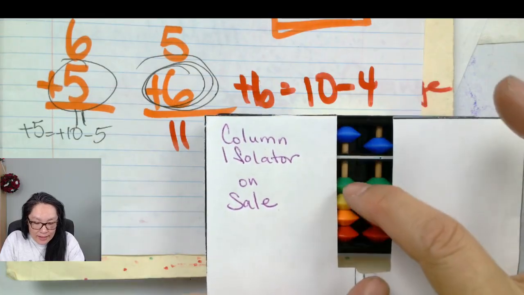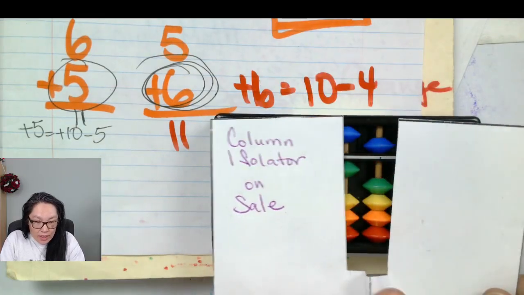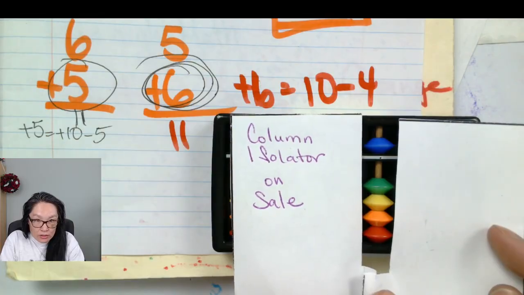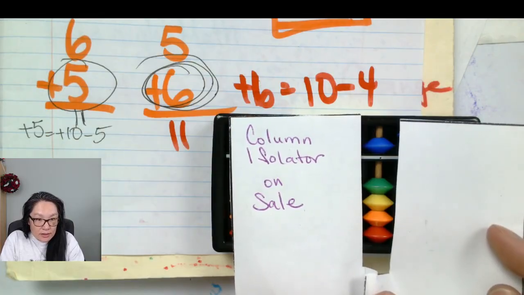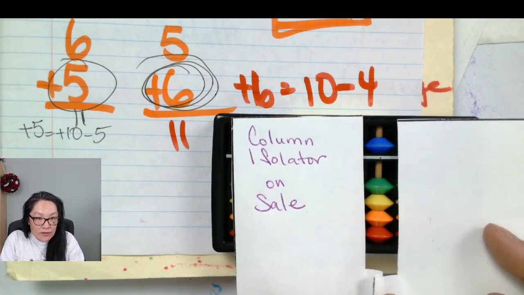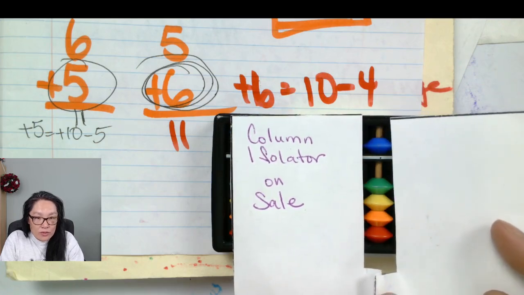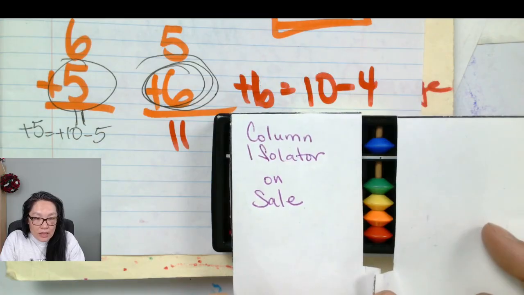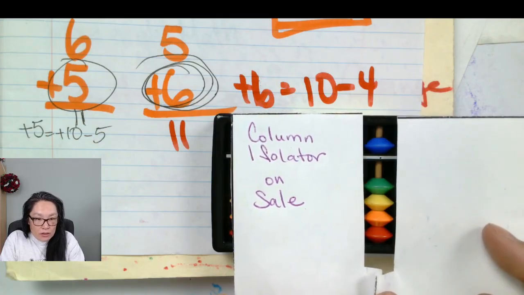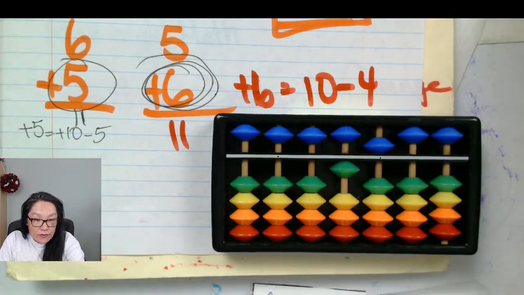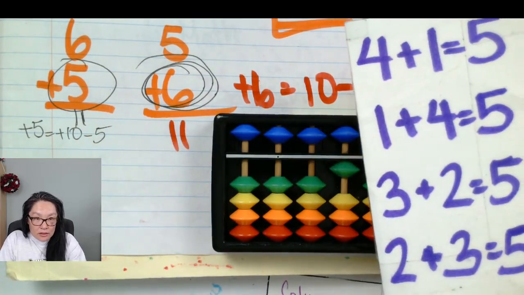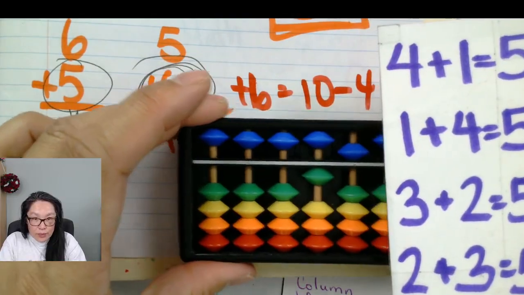So I'm going to add the 10, right? 1 and a 0. And then I'm going to minus the 4. Wait a minute. I can't minus the 4. Thank you so much for the rose, Kim. How do I minus the 4? Minus the 4 is what? It's one of our pillars.